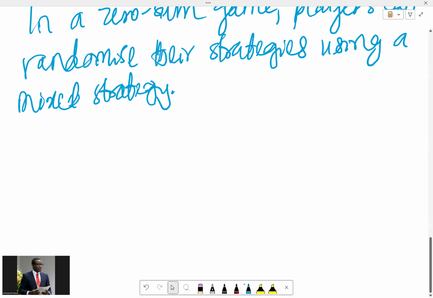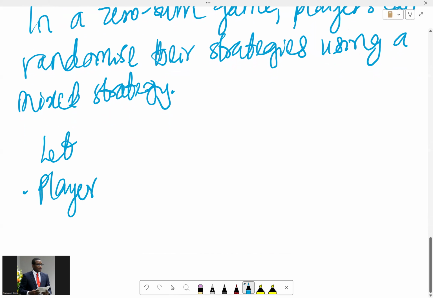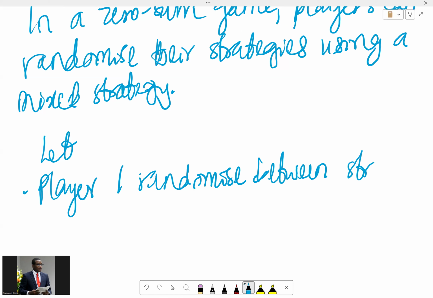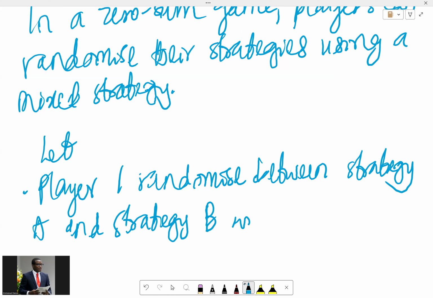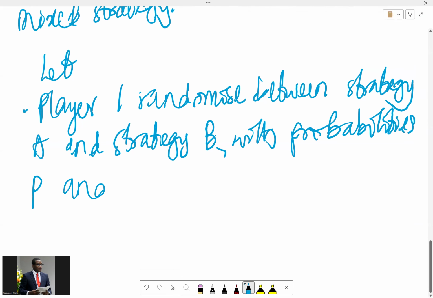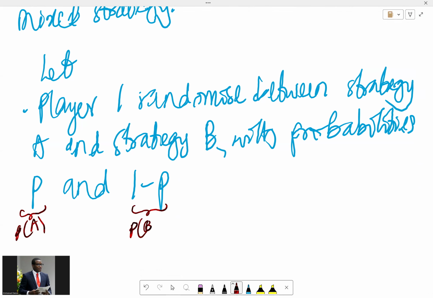For instance, let player one randomize between strategy A and strategy B with probabilities P and 1 minus P. We can't be sure that player one will use both strategies 50-50. So player one uses strategy A with probability P and B with probability 1 minus P.